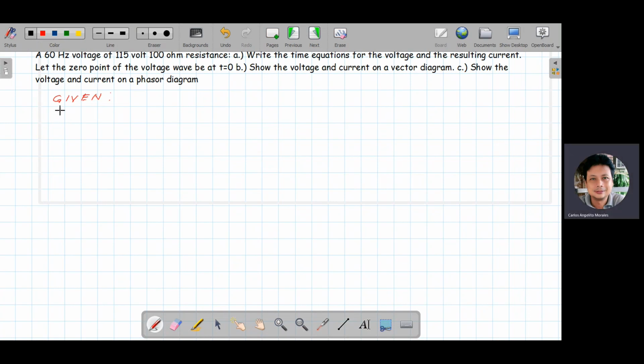The frequency is equal to 60 Hertz. The RMS voltage is equal to 115 volts. Yung resistance is equal to 100 ohms.